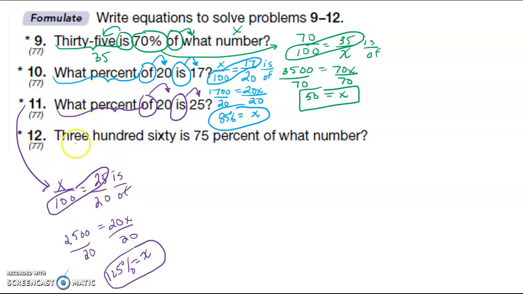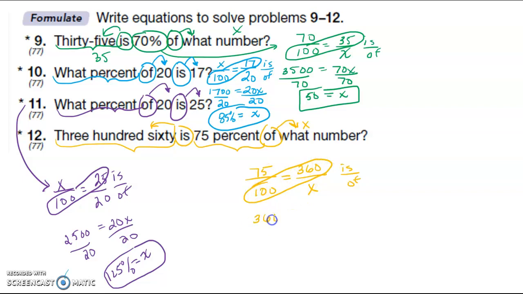Okay, let's do this last one on this page. 360 is 75%, so 75 per 100 of what number? Okay, so I know that my of is x, and 360 is my is.